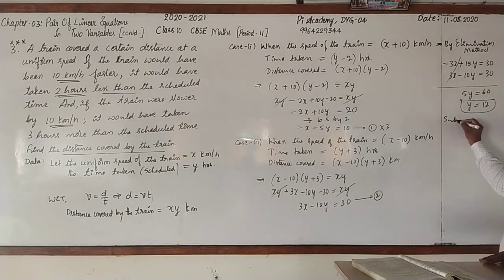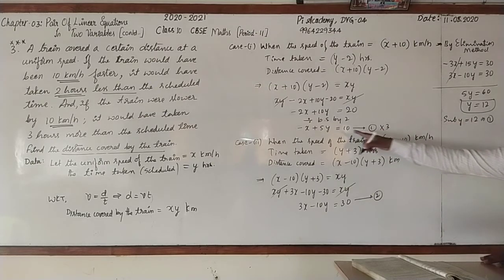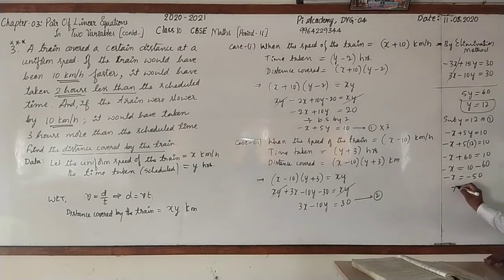So, substitute y equal to 12 in equation 1: minus x plus 5y is equal to 10, minus x plus 5 into 12 equal to 10, minus x plus 60 is equal to 10, minus x is equal to 10 minus 60, minus x equal to minus 50, x equal to 50.